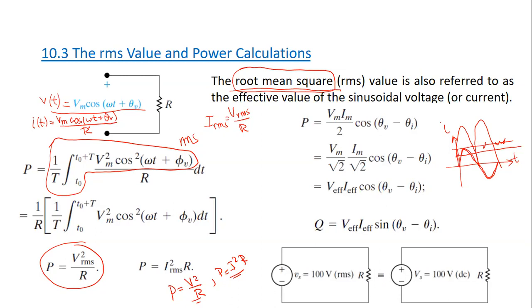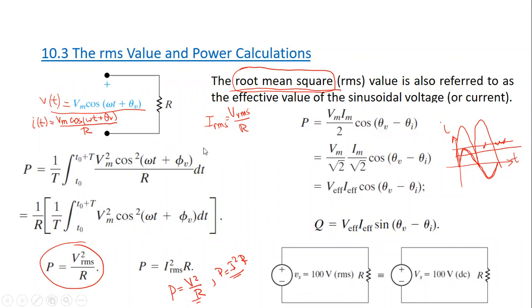So this is the current. The instantaneous current will be the instantaneous voltage according to Ohm's law divided by the resistor R. Now I want to multiply V of t by I of t. So this will be the instantaneous power. And if I integrate this instantaneous power over one period and divide it by the period time, it will be the average power.